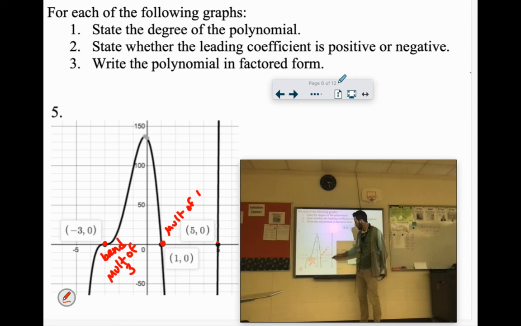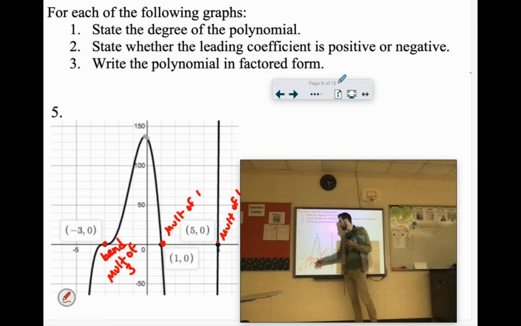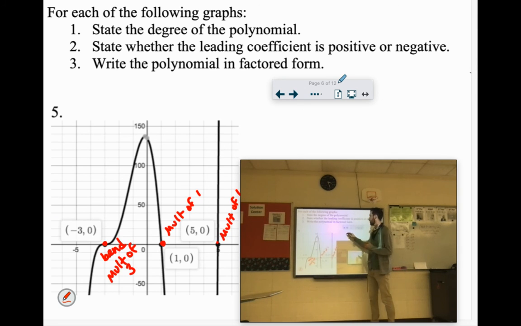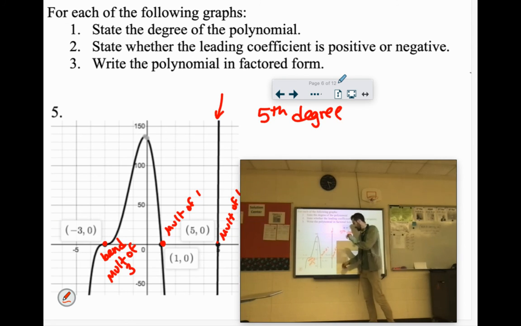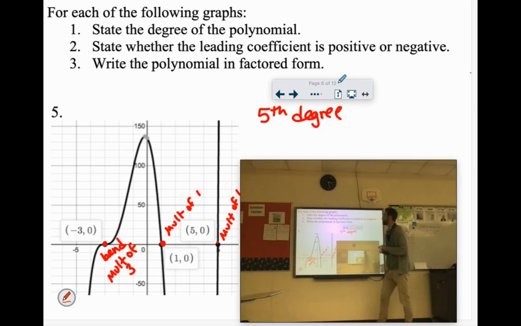And then it crosses over here, so it would also have a multiplicity of 1. So you have 1, 2, plus 3 is 5. So we could say the 5th degree. Oh wait, is it just? Oh, okay. I think earlier I said it was even because I thought that was like the y-axis, but it's not. It's part of the graph line. So it's the 5th degree.